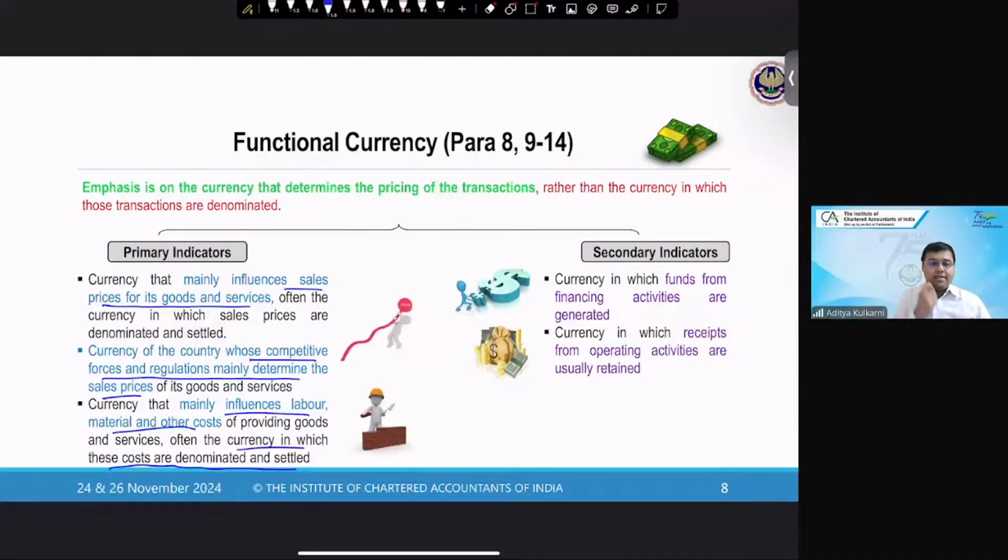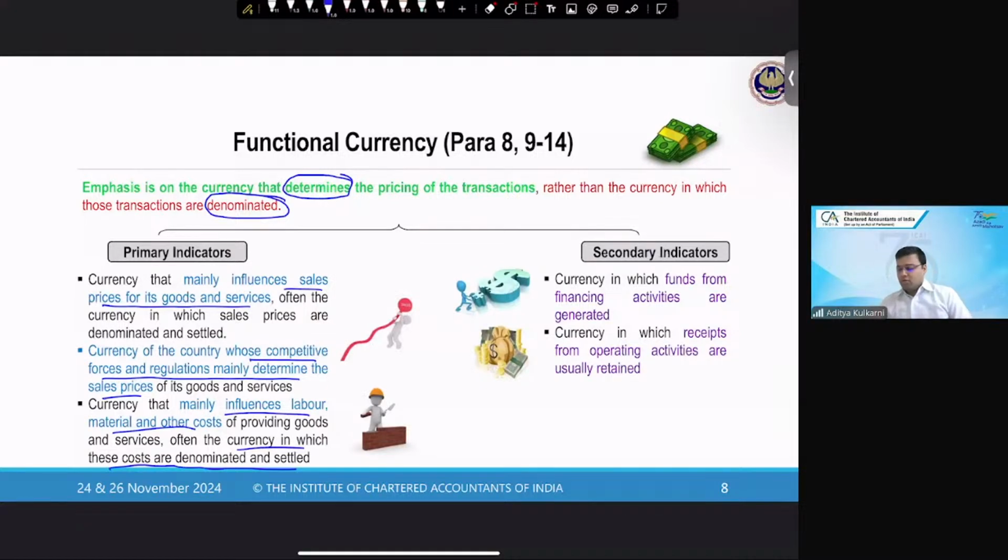So what is the emphasis? It is on the currency that determines the pricing rather than the currency in which the transactions are denominated. Determination is the deciding factor. Denomination is just a conversion. That can never be the basis for identifying your functional currency.